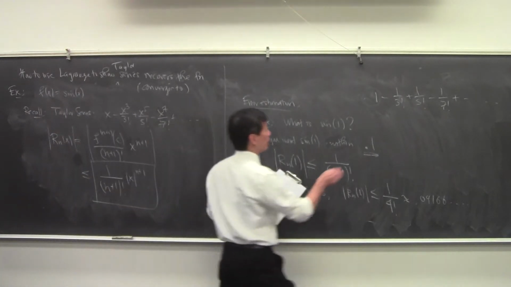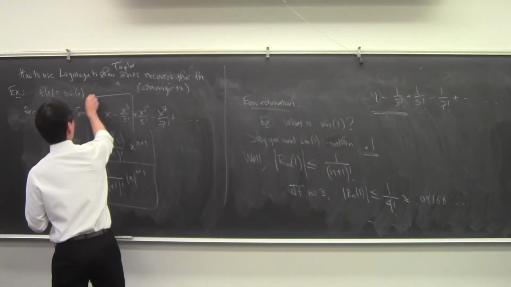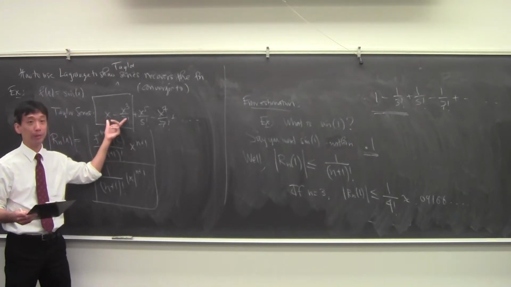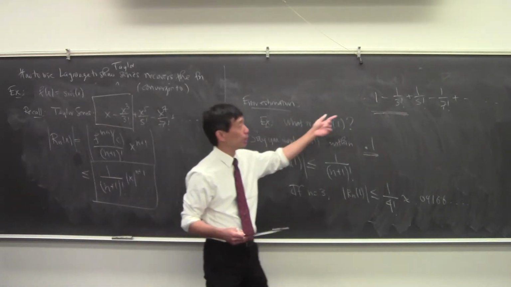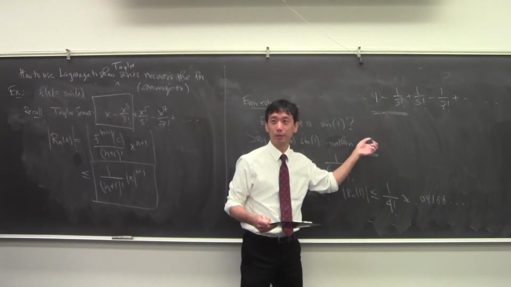So what that says is that we only have to go out to the power 3 term. In other words, 1 minus 1 over 3 factorial is already within 0.1 of the actual sine, right?